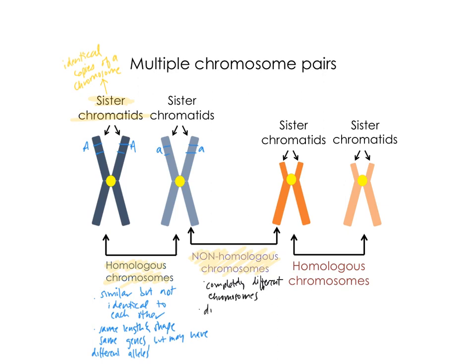They are different lengths and shapes, and they have different genes altogether. So the orange chromosome may have the D gene here, big D. This one maybe would have little d on it. And so they're just different letters of the alphabet. They encode totally different things.